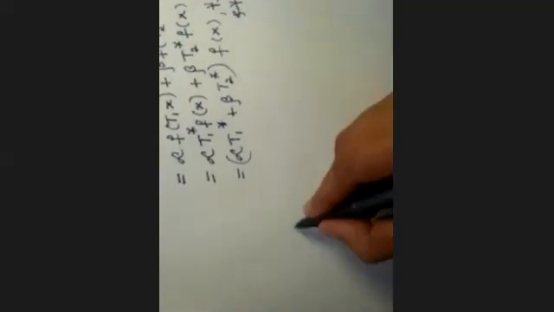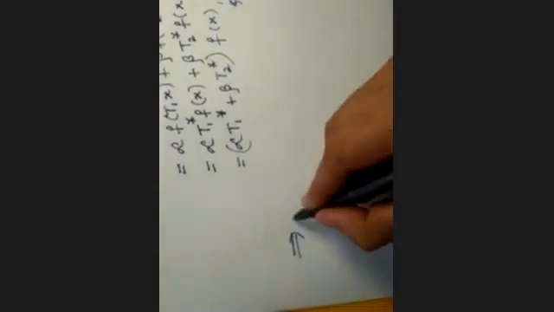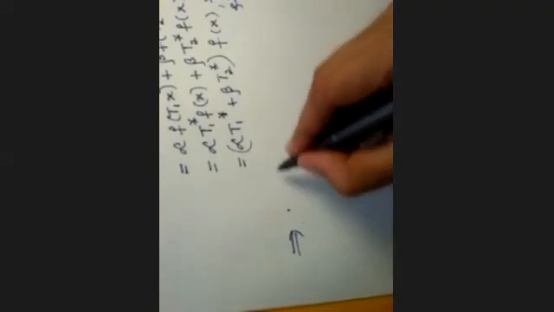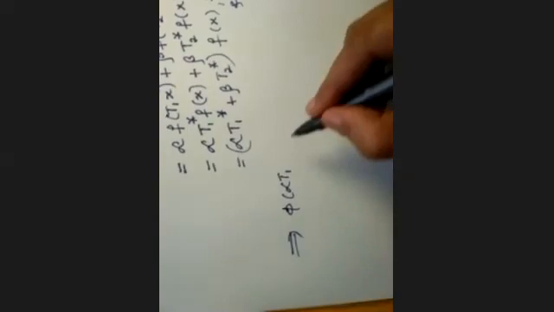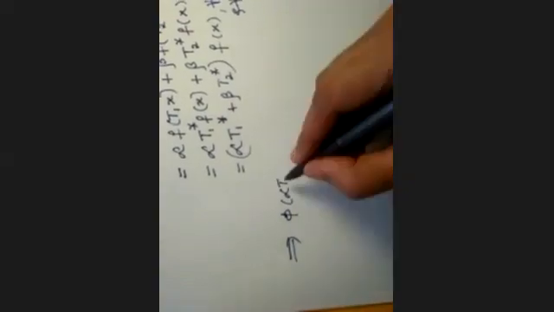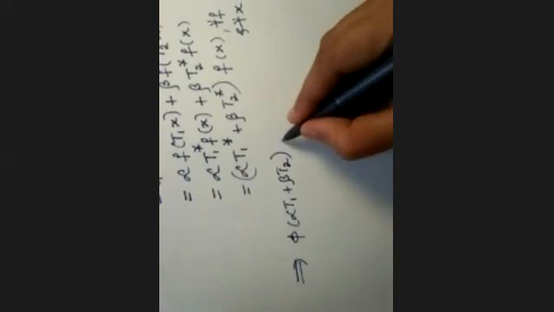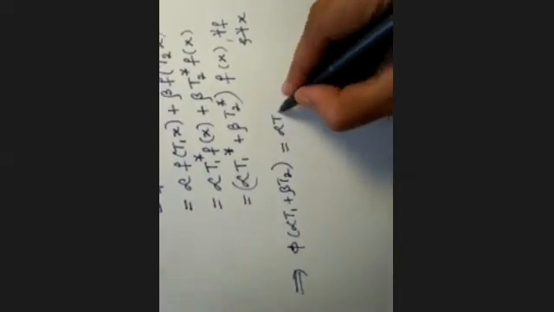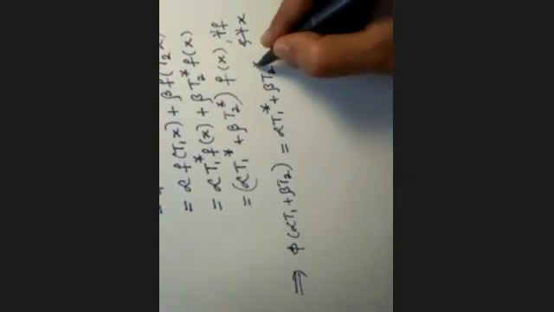Therefore, we can remove them now. So phi of the LHS, alpha T1 plus beta T2, is nothing but alpha T1 star plus beta T2 star.